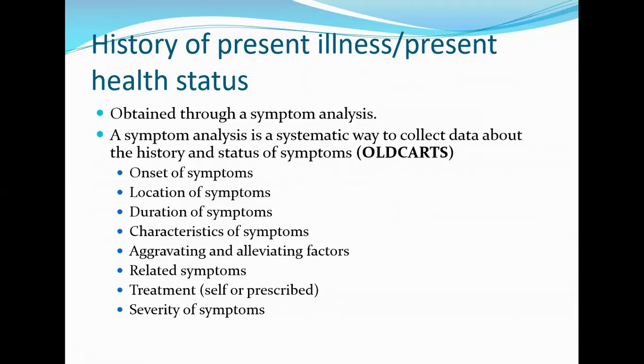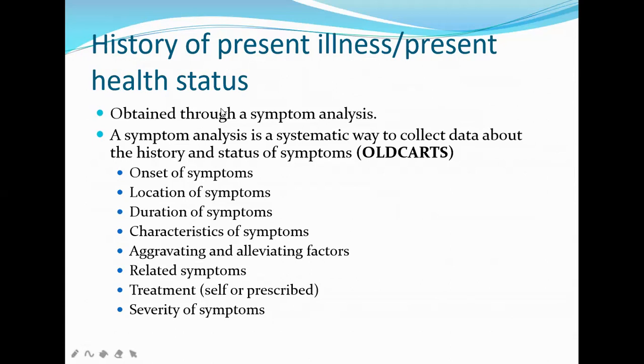On a scale of 1 to 10, let's take it that 1 is no pain at all, but 10 is the worst pain that one can ever experience. Where would you place your pain? They'll tell you, this pain, I think 6, okay? So you know that your patient's pain is moderate to severe. So you can ask the patient to rate the severity of the symptom.